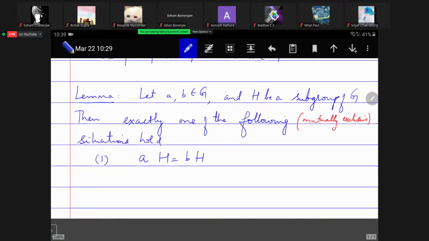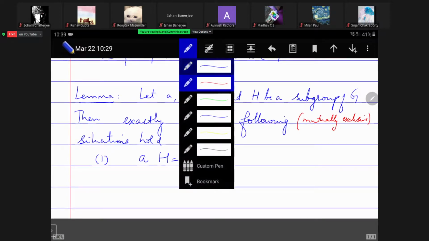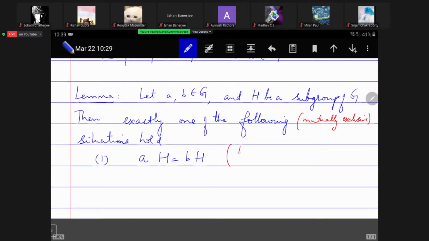These are subsets of G, and they are equal. That is, these two subsets of G are the same.